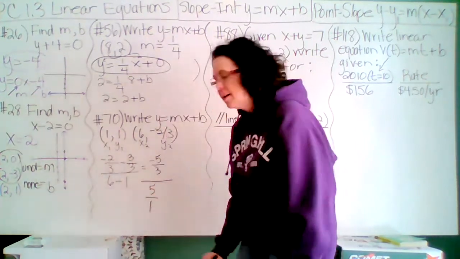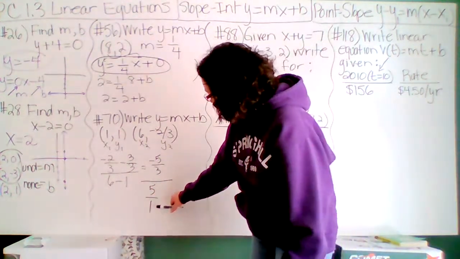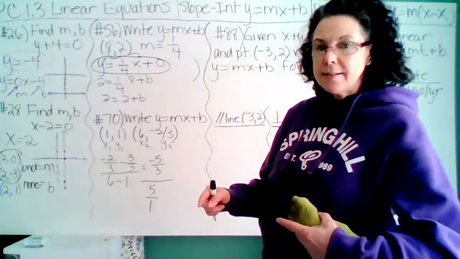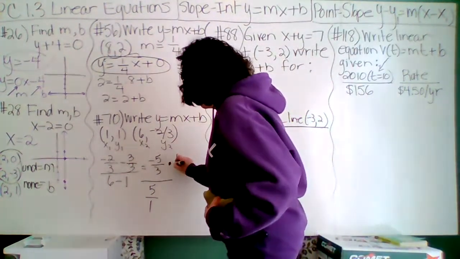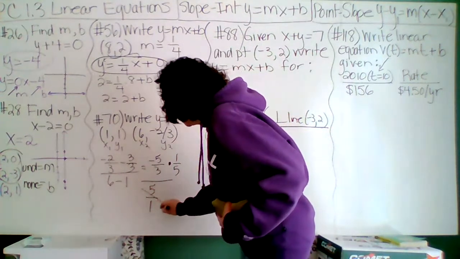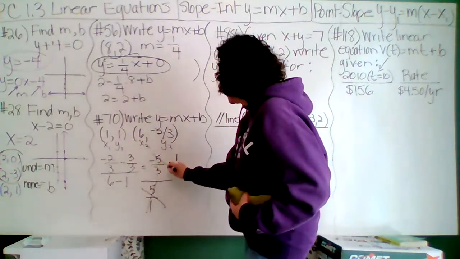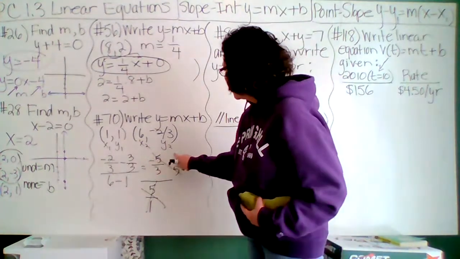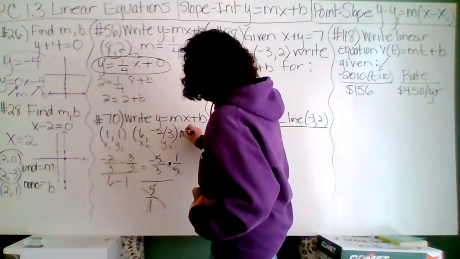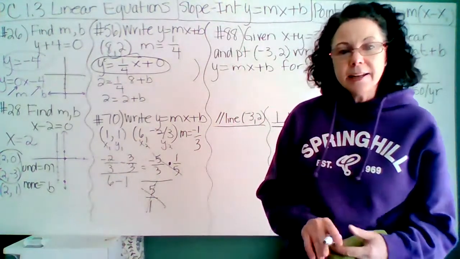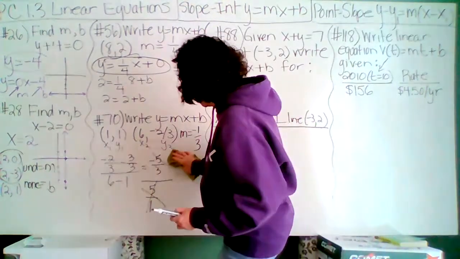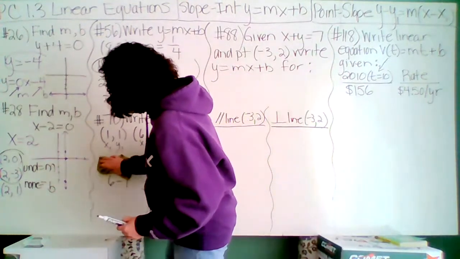If you don't mind, I'm going to call that a 5/1 because rather than divide by a fraction, I'm going to multiply by the reciprocal. Right? And I get a negative 1/3 here. A negative 1/3 is my slope. You've got to be really careful with your negatives and with your fractions. It's good, healthy brain work.